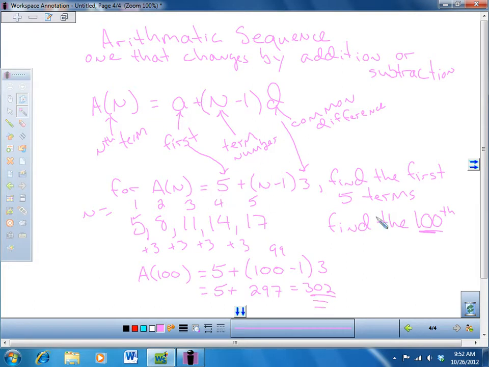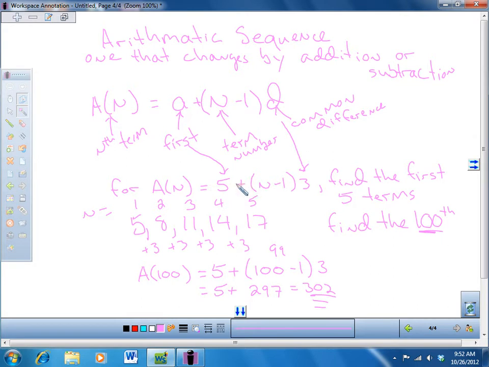Okay? And that formula would work for any of these. If I took 4 and plugged it in here, I would get out 14. If I plug in 3, I'd get out 11. If I plug in 1, what do I get out? What's 1 minus 1? 0 times 3 is 0, plus 5 is?